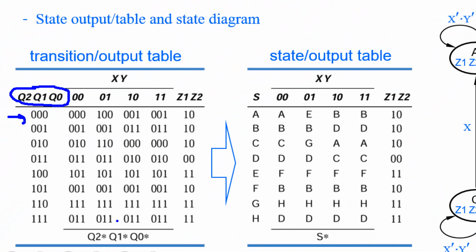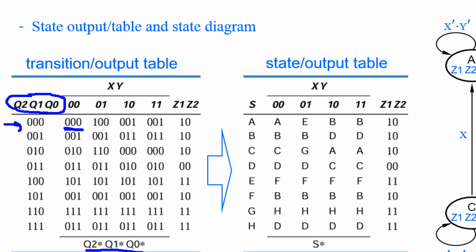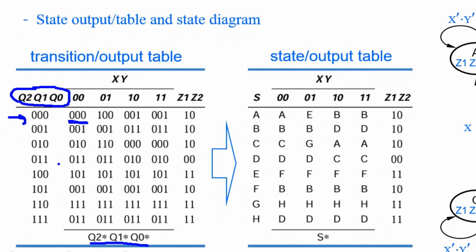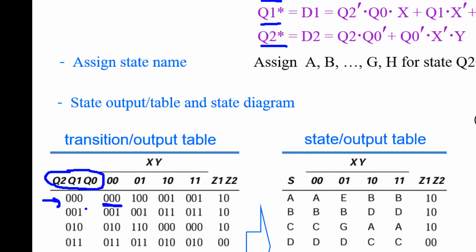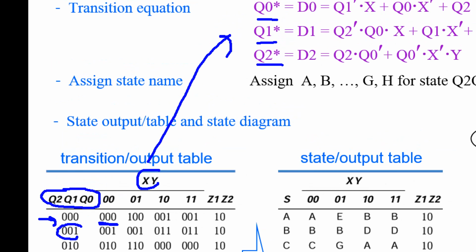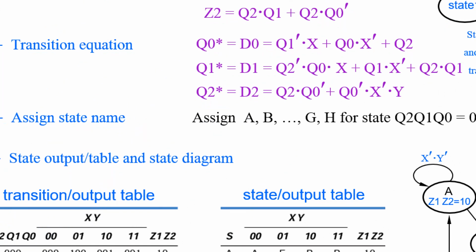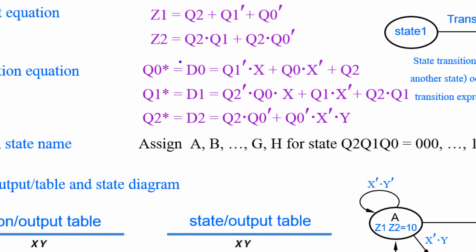That means you can fill this table for the values of Q2 star, Q1 star, and Q0 star. Anyway, if you do it by substituting values into the equation, it may take too much time. So we may consider something like this.